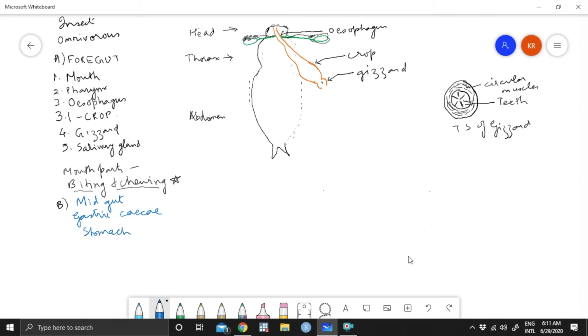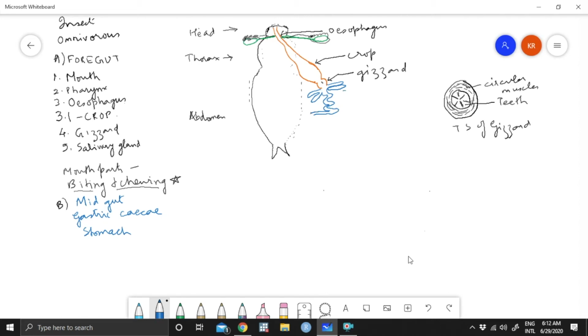These are very easy names, no need to complicate the names. So we will get a lot of such 8 or 10 very thin blind ended structures, which I am just drawing a few of them, and a highly coiled structure over here with a lot of loops, but I am not showing the loops over here because we only want to show a representative diagram. So this is the midgut.